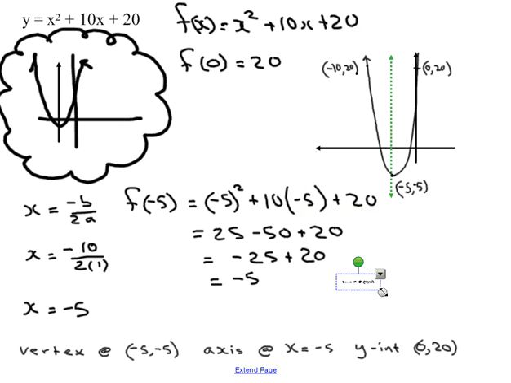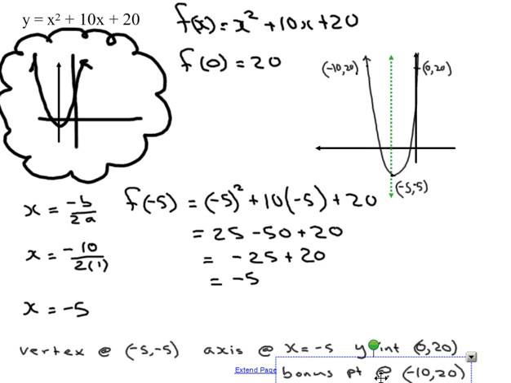The bonus point is negative 10, 20. Because if you go to 0, 20, you go 5 over to the axis of symmetry, you go 5 more, you're at x equals negative 10, and you're right back to the y value you started at. So if the axis of symmetry is negative 5, it will take 10 units to go all the way back to where you started. Call that a bonus point because it makes it easier to graph my parabola.